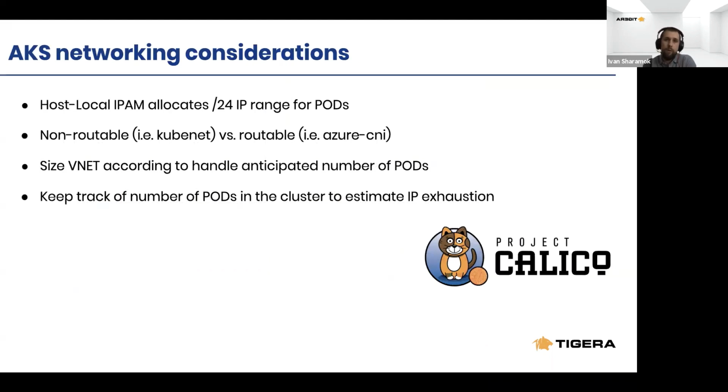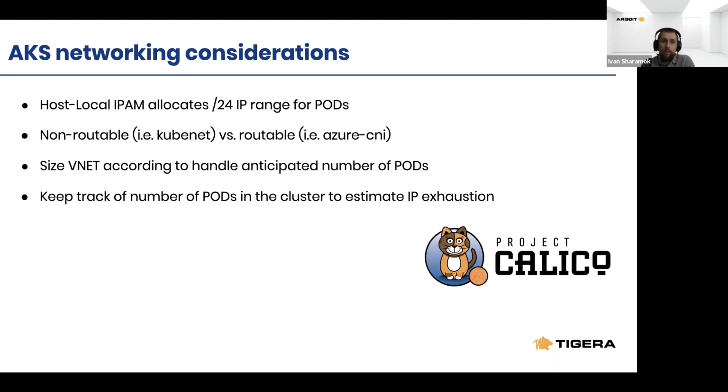So for networking considerations when building a cluster, with host local IPAM, each node gets a /24 IP range for the pods. It is non-routable with KubeNet when using the KubeNet option or KubeNet plus Calico. And it is routable when using Azure CNI. So those two differences are very important as you design your Kubernetes cluster.